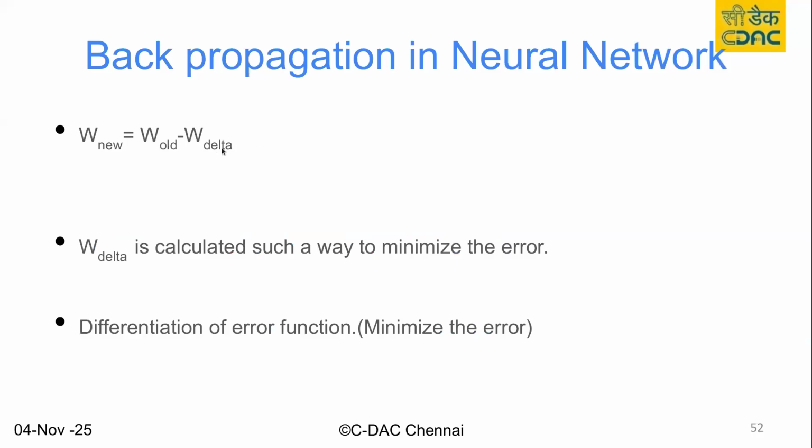So what value should W delta be? By what factor should I reduce the old weight to get the new weight which has less error? You might have studied maxima and minima in your mathematics classes, where you differentiate dy by dx and calculate x with respect to y.